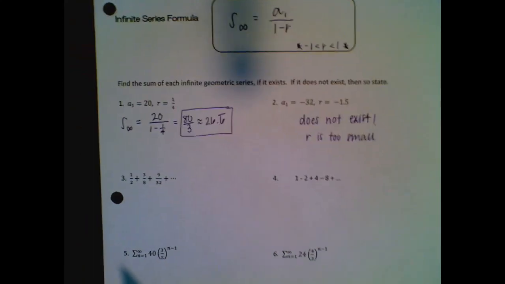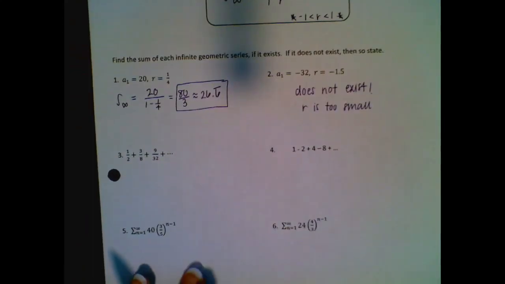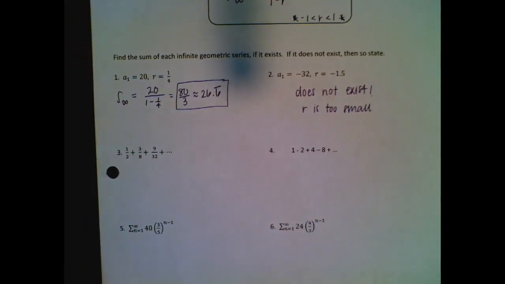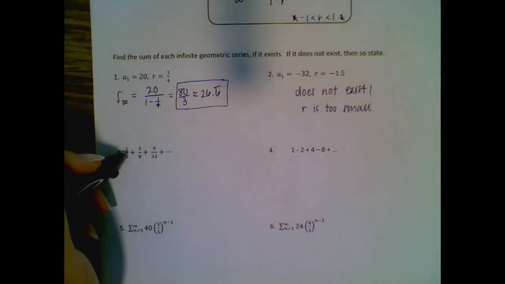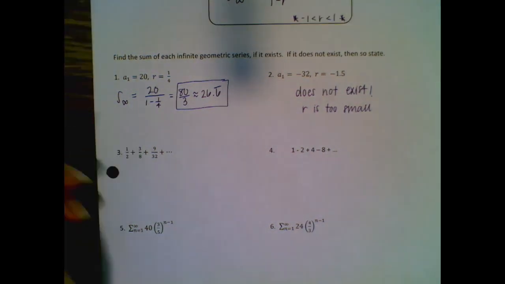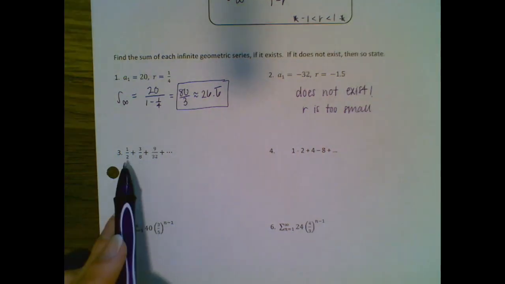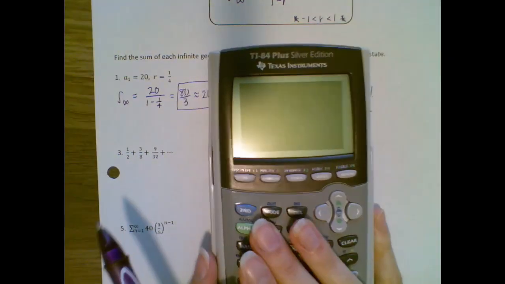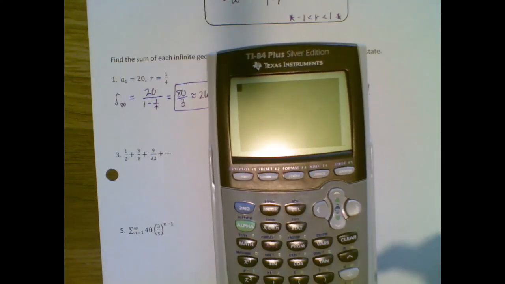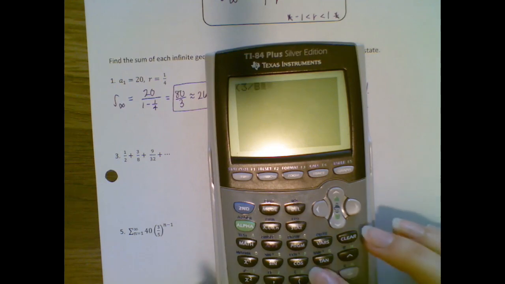Number 3. On this one, we need to find the r value to see if it exists. To get from 1/2 to 3/8, we can find the common ratio by taking this term and dividing it by that term. So 3/8 divided by 1/2.